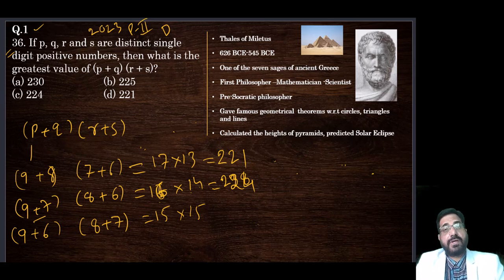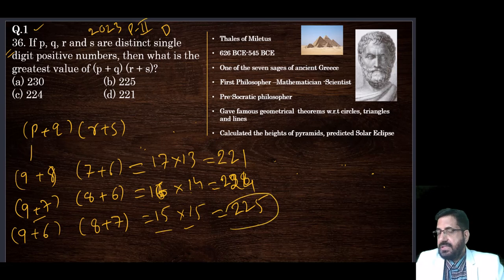Now 9 plus 6 is 15, and 8 plus 7 is 15. What is 15 squared? That is 225. See, among the given options, 15 into 15 gives the largest value, that is 225 square meters. Here it is 224, here it is 221.